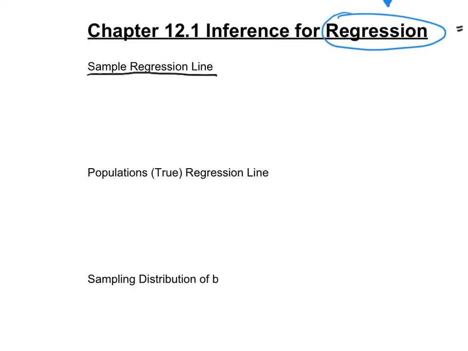So I take a sample, I plot it on the scatter plot, I build the least squares regression line. Remember, that's what we're building. And this is how we would write it.